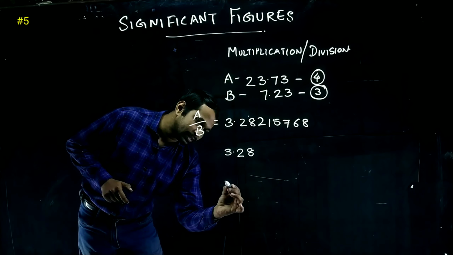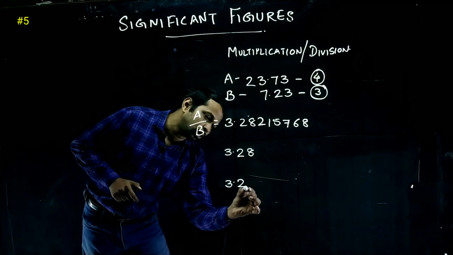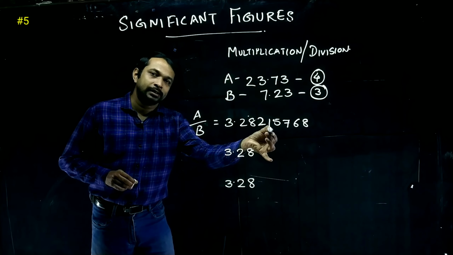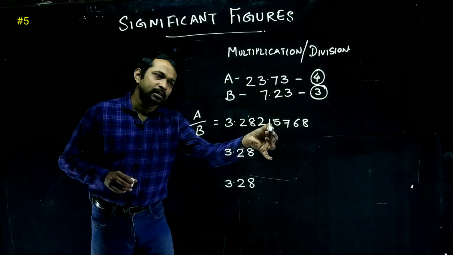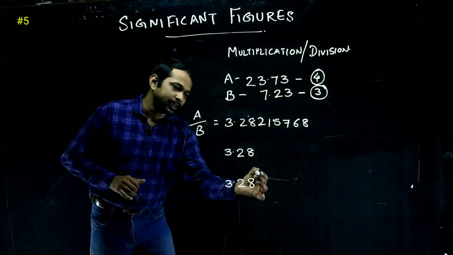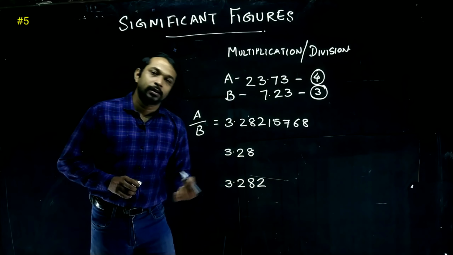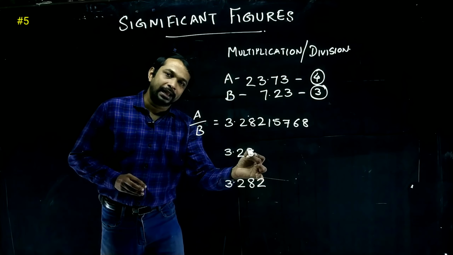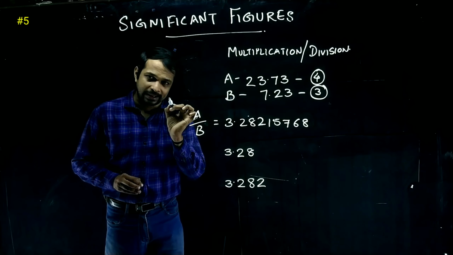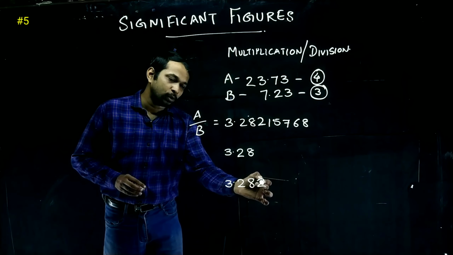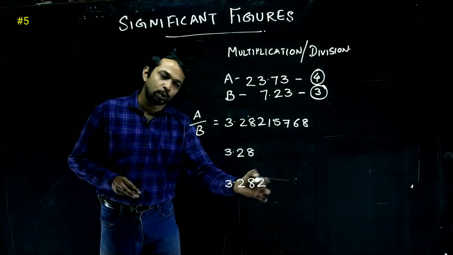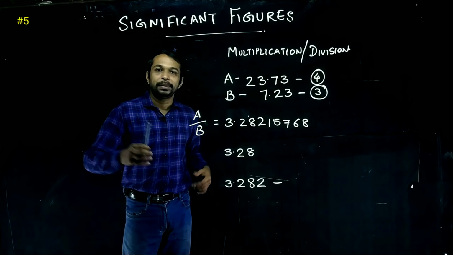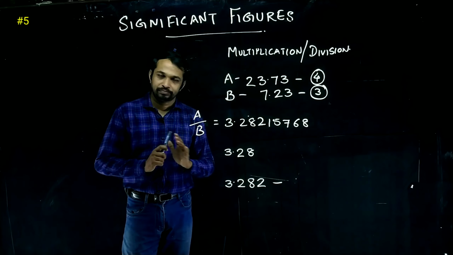So in that case, you have to write 3.28 and the next is 2 and the digit next to 2 is 1, so you can write 2 itself. Right? So 3.28 will be the answer if this is your final answer, and you have to retain one more digit by which it will become 3.282 if this is coming somewhere in the intermediate stage. Okay, that's it.